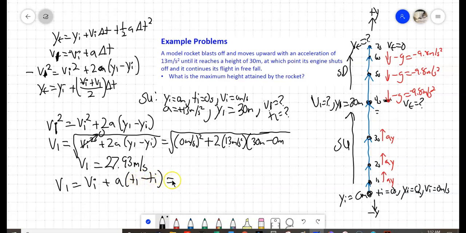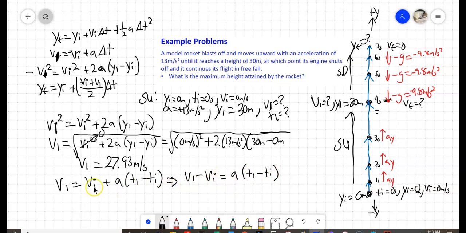I want to do this real quick before we do the slowdown portion. So I'm going to solve for this t1, okay? I'm going to subtract vi onto the other side, so v1 minus vi. The reason I'm doing this is I don't like not having all the information. It makes me feel uncomfortable.